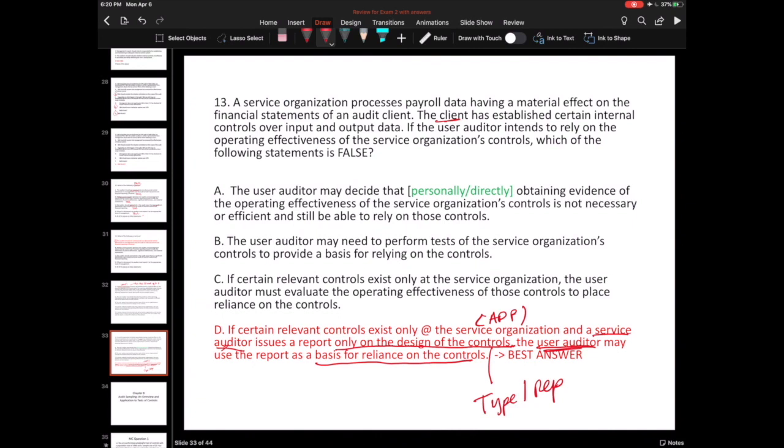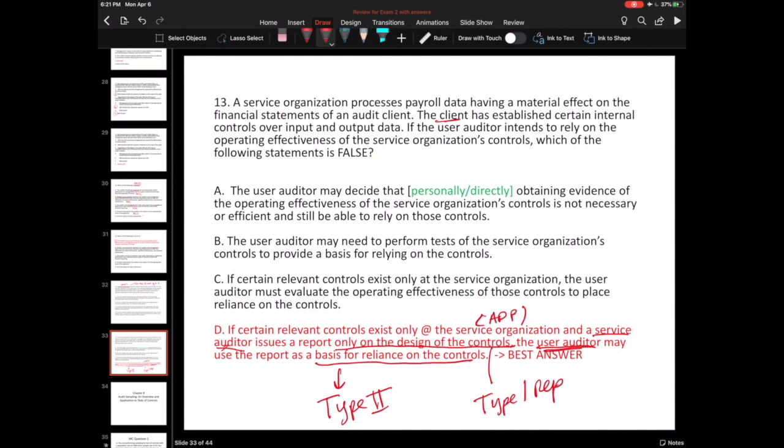We know that is patently false because we said the only report they can use as a basis for reliance is the type 2 report, which tells you not only about the design of controls, but also about the operating effectiveness of controls, which is really the key thing you need to know in order to lower control risk below max for controls of a service provider.